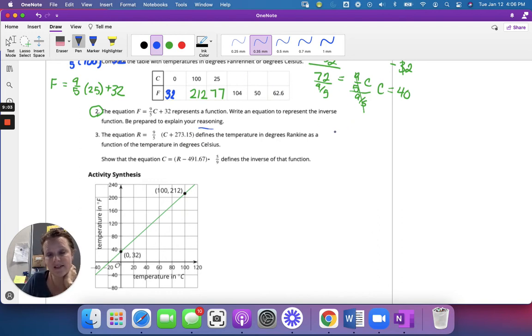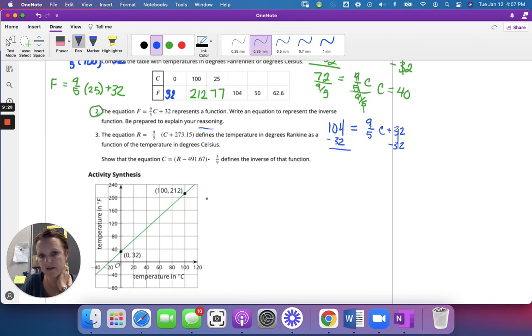All right, so the last thing I think I did was find the Celsius when the Fahrenheit was 104. I'm just going to do that one more time. 104 equals, so that's the Fahrenheit, 9/5 C plus 32. And I'm going to solve for C, which is a little annoying. I'm going to subtract 32 from both sides. I already did this, I apologize. 104 minus 32.